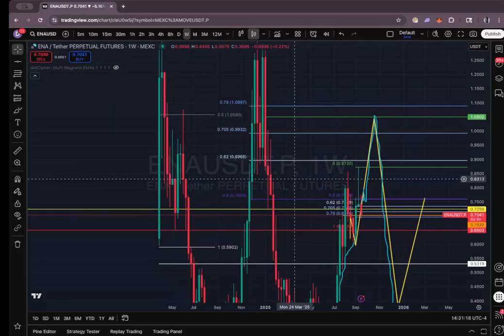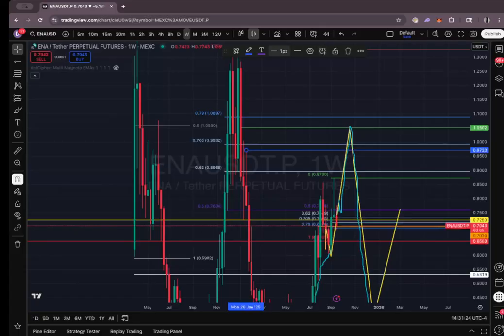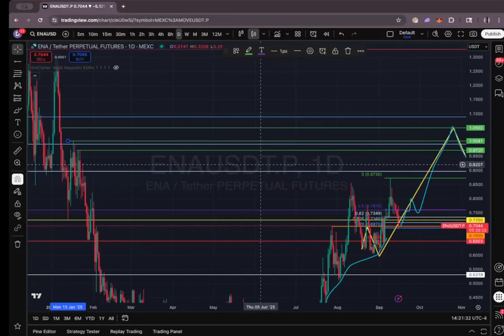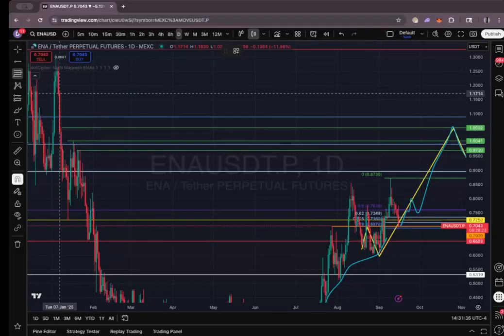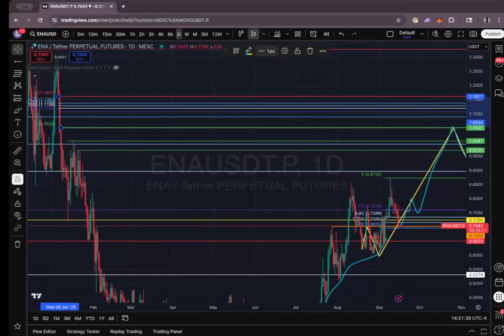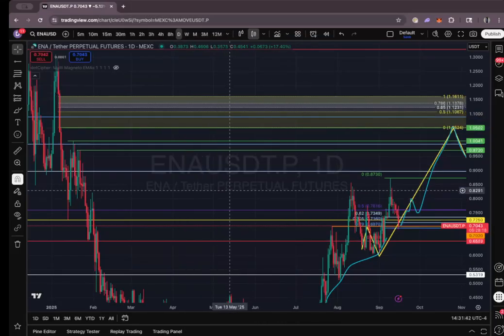We have range BSLs that stack from 97 cents to about $1, right? So between this range here would be the weeklies, and the dailies support it because the next daily open is basically right above that, right? So it's the daily open IRL right there.